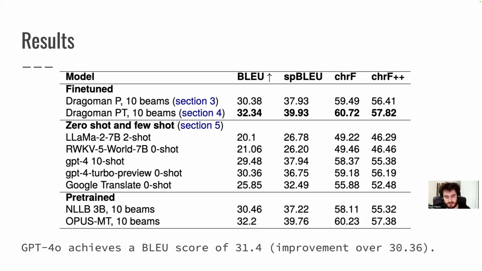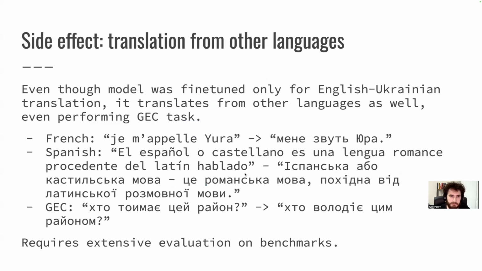We've further tested our model against GPT-4o, and it achieves a BLEU score of 31.4, which is an improvement over the previous one, but still we achieved higher scores than them.